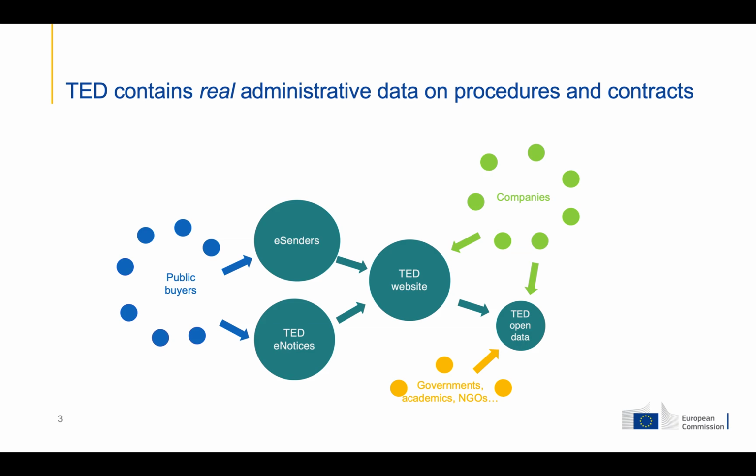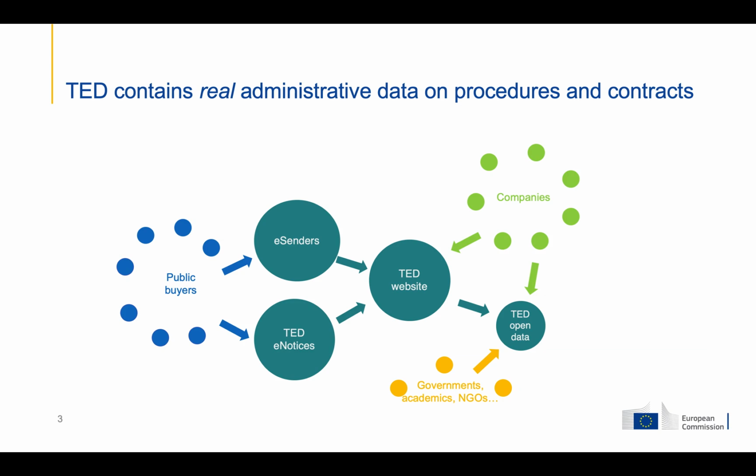We can see that a lot of companies are actually reusing the data on TED. Some are platforms all over Europe which collect the data to provide a service to companies to find bids. But we can see that non-governmental organizations are reusing the data as well, to analyze it, for example, for corruption or potential collusion, to see how transparent all the countries are.